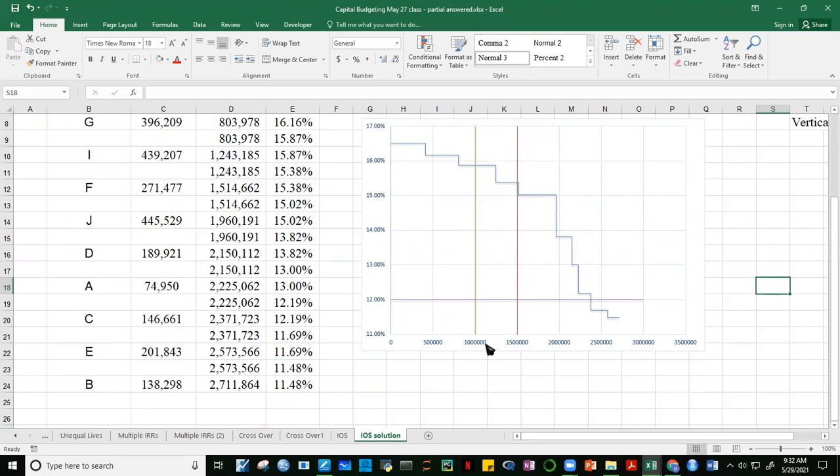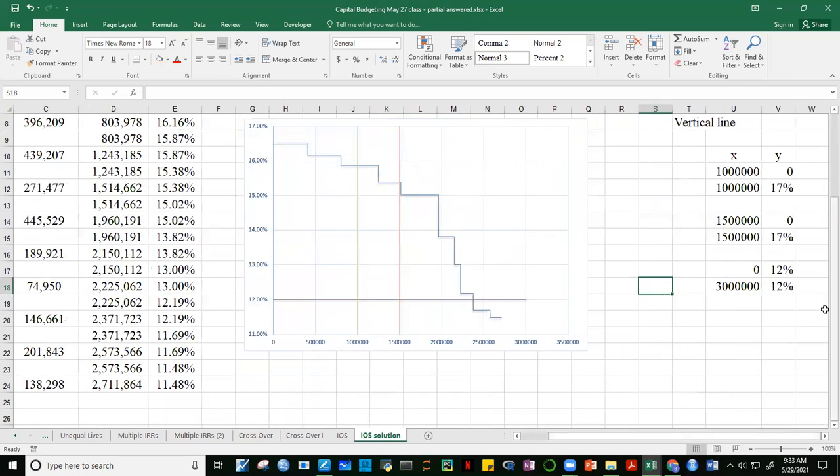If our budget is only 1 million, then what we can do is only project H and project G. We cannot do project I because up to project I, that's 1.2 million. It will exceed our budget. But if we have 1.5 million, for example, as our budget, then we can include project I also. But not project F, because project F is up to 1.514 million. So that's what this does.